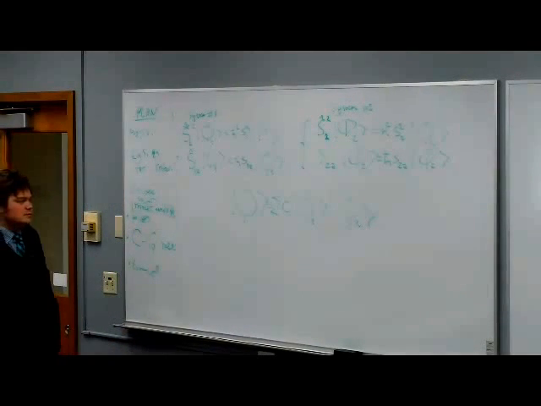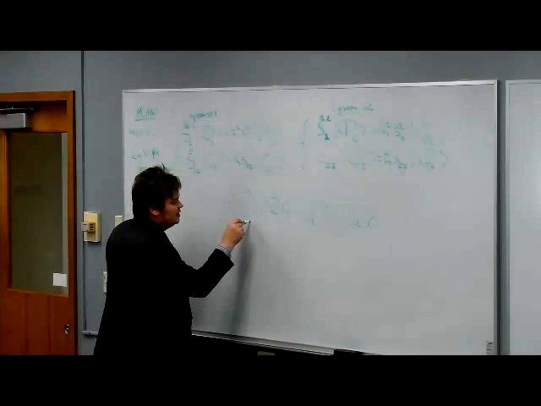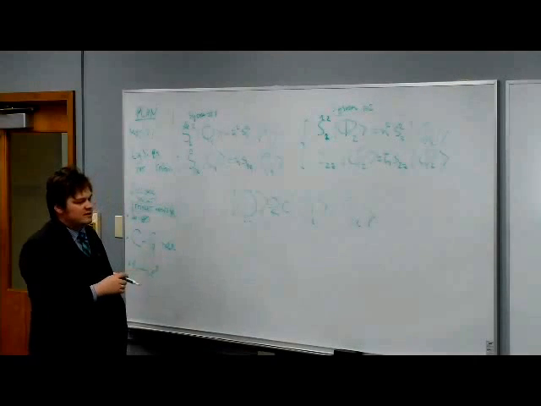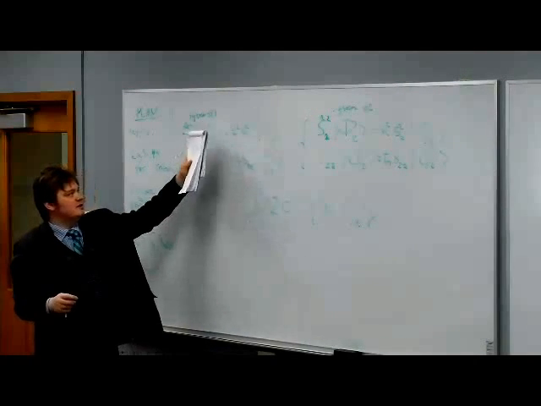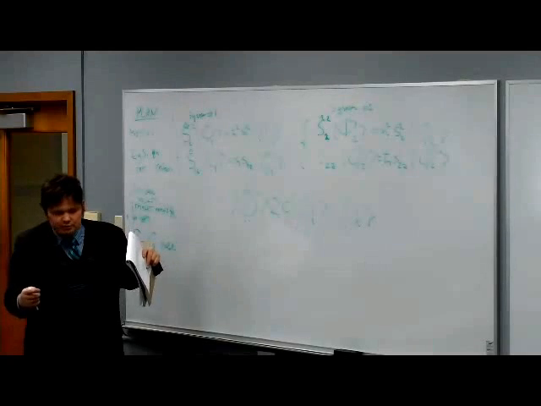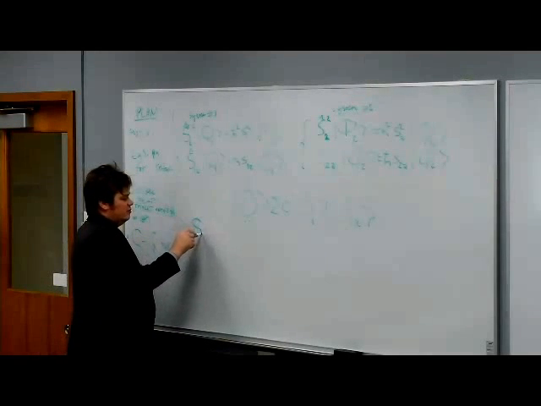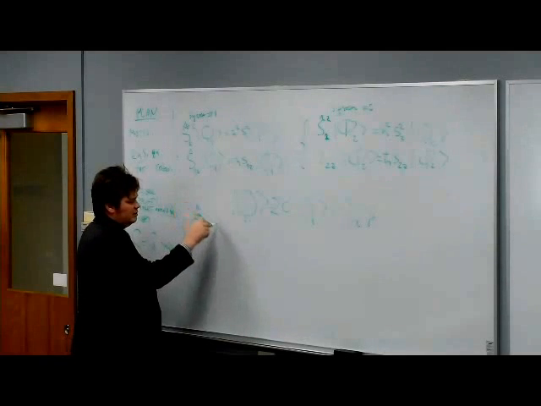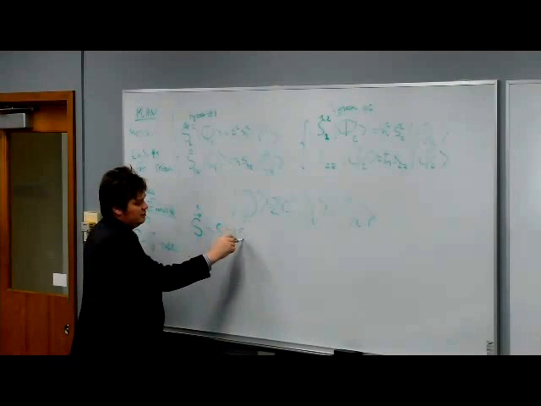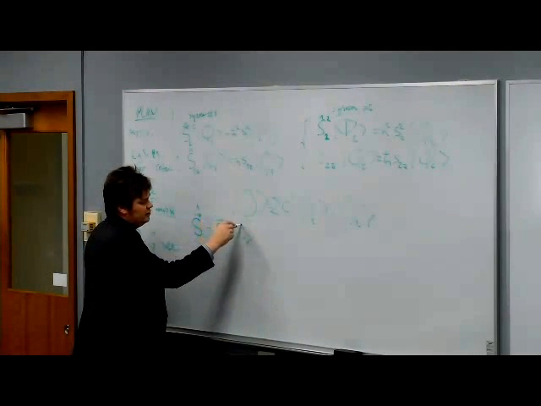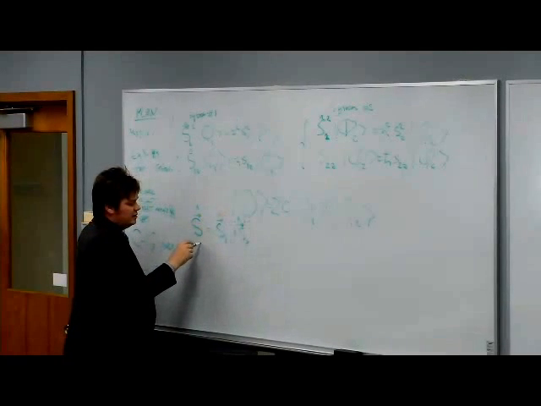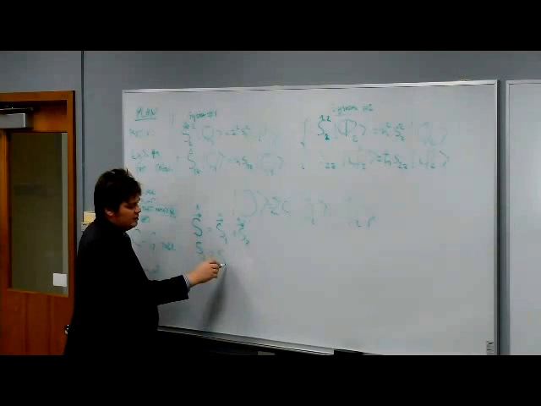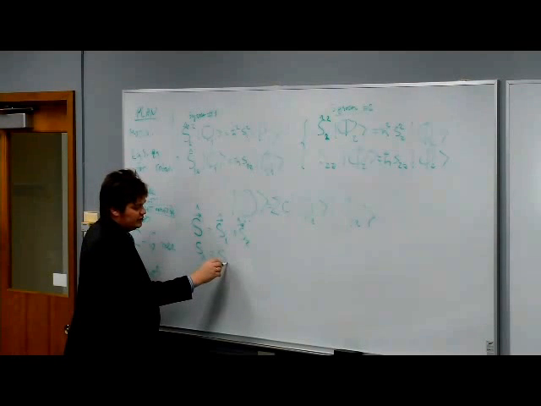So if we do have eigenstates of the bigger system, if the individual components do not interact, then one can write that total spin is the summation S1 plus S2, and z components can also be added together.